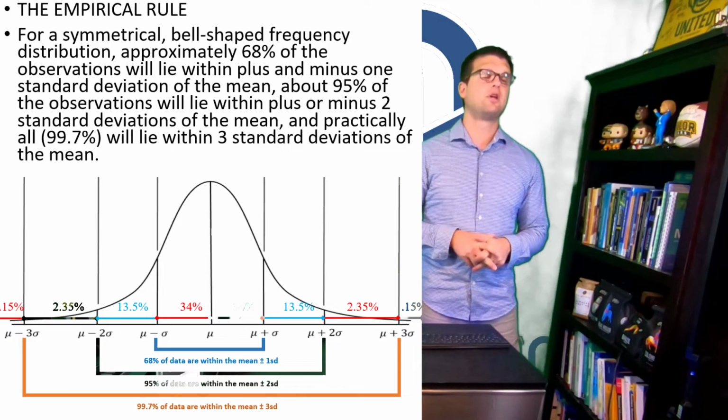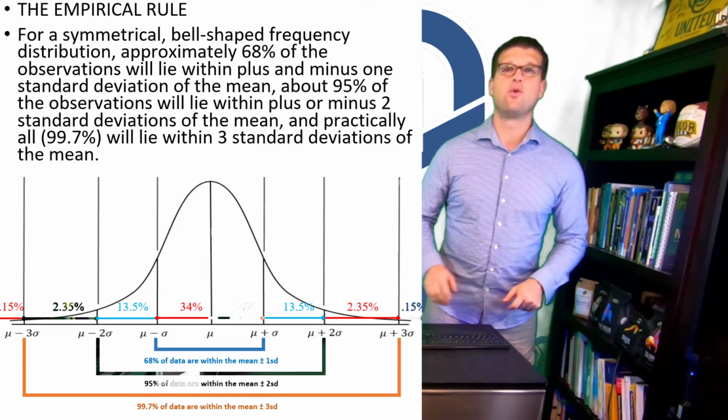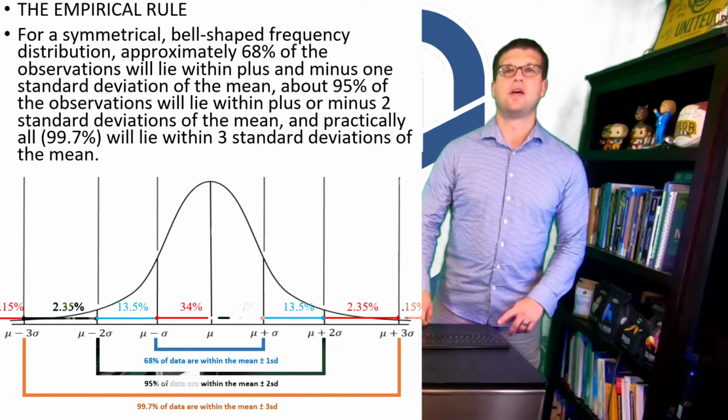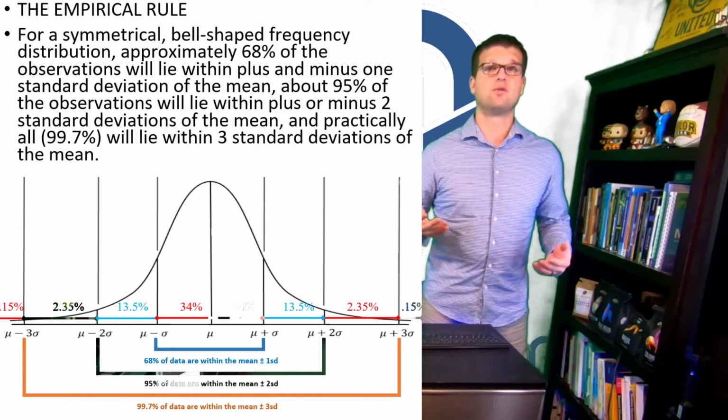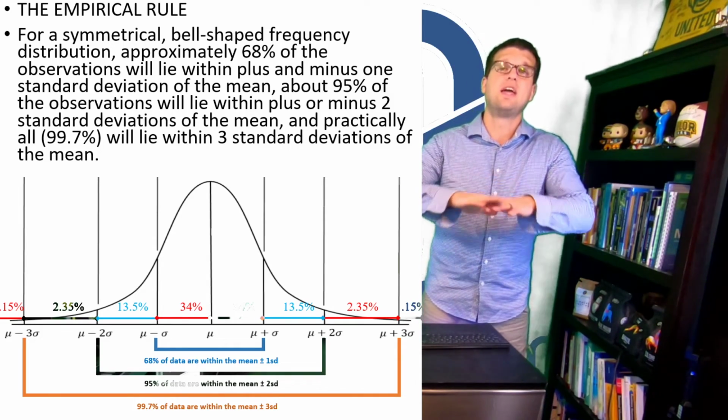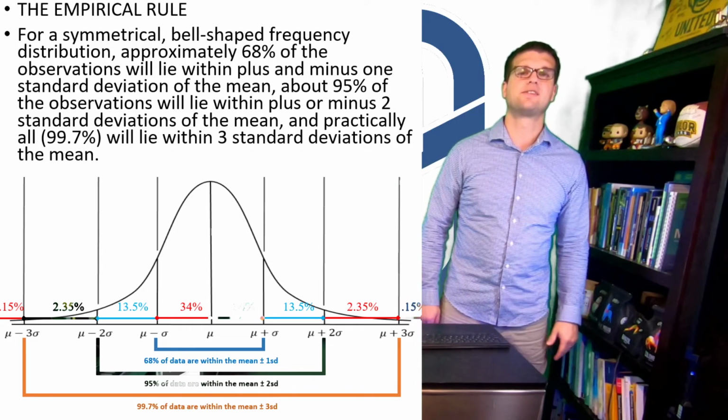Where people get tripped up all the time is forgetting about the extra 0.15 on either side. A normal distribution technically is asymptotic; in other words, it never touches the x-axis.